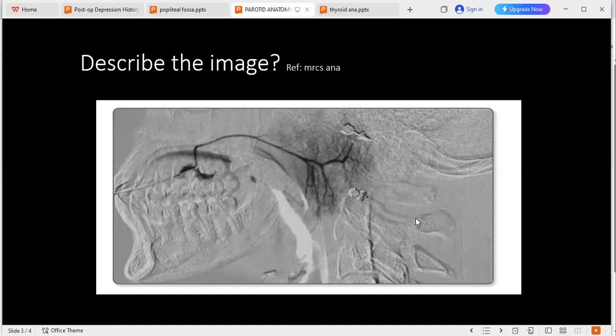Cranial nerve 9, glossopharyngeal. They could show you a pathology slide with pigmented cells, and that would be metastasized melanoma.